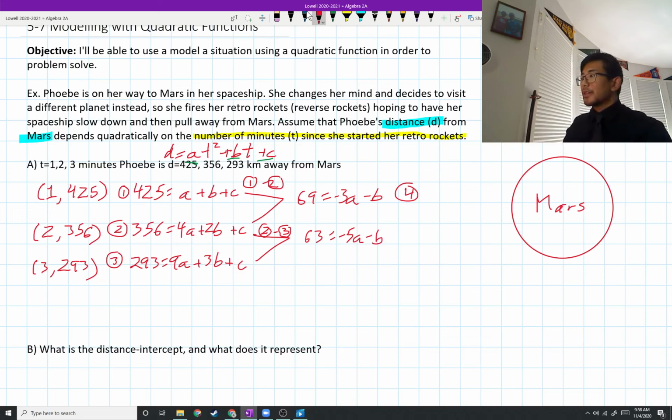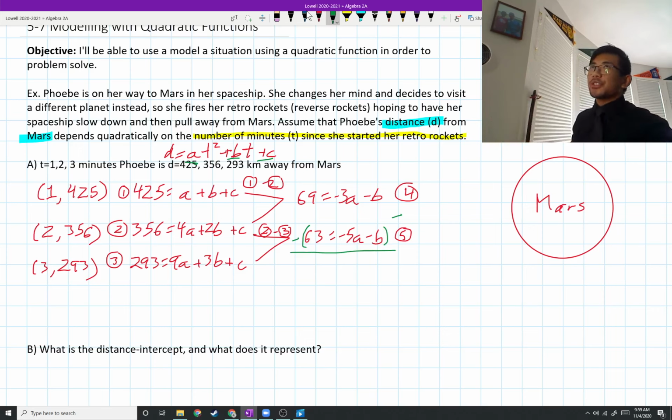Really nice here, because now we have equation 4 and equation 5, and I don't have to do any multiplication to readjust any of the equations here, so I can just subtract them now. Again, note here, I'm subtracting the equations because I have negative b and negative b, so they're the same sign. If you, in one of them, ended up with negative b and positive b, then you would want to add the equations.